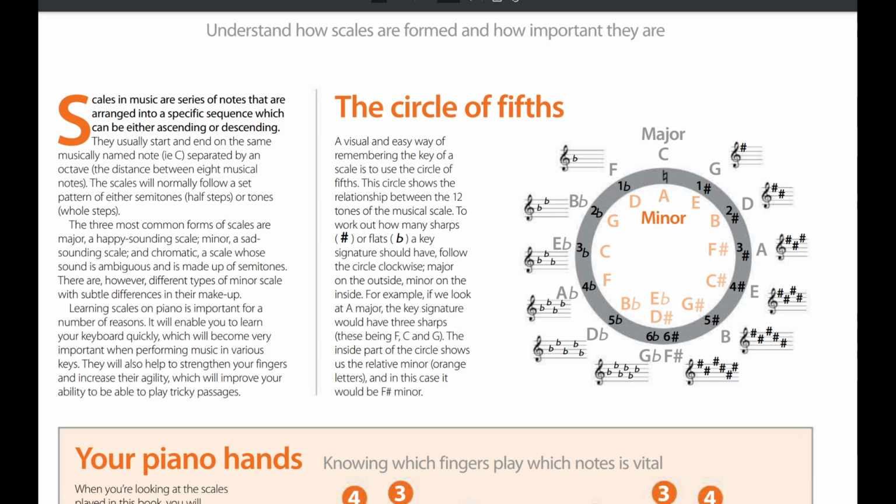Follow the circle clockwise. Major on the outside, minor on the inside. For example, if we take a look at A major, the key signature will have 3 sharps, these being F, C, and G. The inside part of the circle shows the relative minor, and in this case it will be F sharp minor.